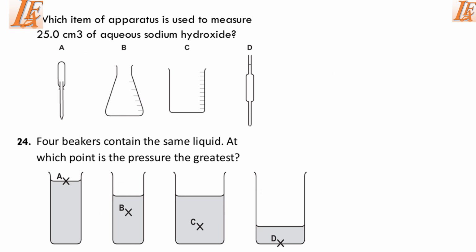Question 23. Which item of apparatus is used to measure 25.0 cubic centimeter of aqueous sodium hydroxide in the lab? So in this case, we have been asked to find the apparatus that we can use to measure accurately and precisely 25.0 cubic centimeters of this solution.